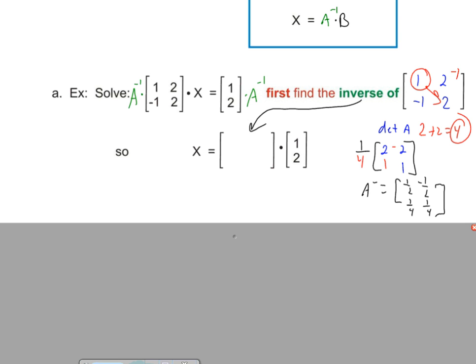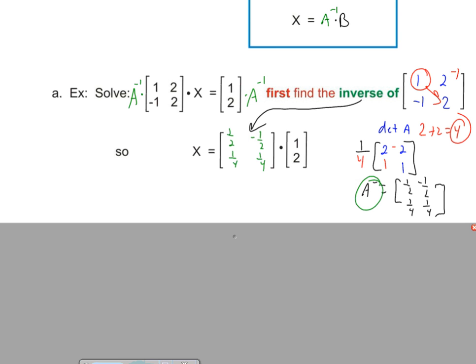Okay, so now we got to take that and multiply the other side by it. I'm going to use my green here. So we got a 1/2, -1/2, a 1/4, and a 1/4. 1/2, -1/2 is the top row. 1/4, 1/4 is the bottom row.